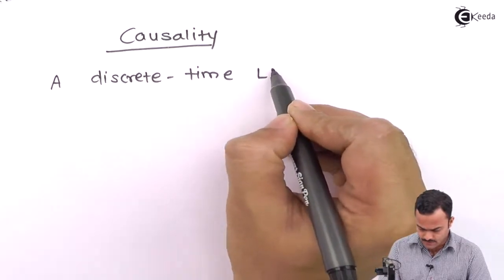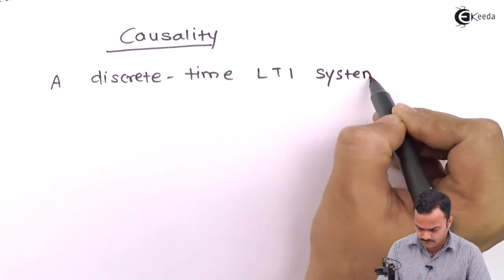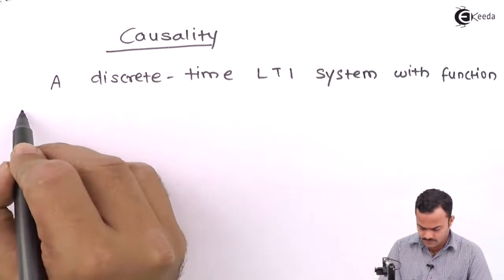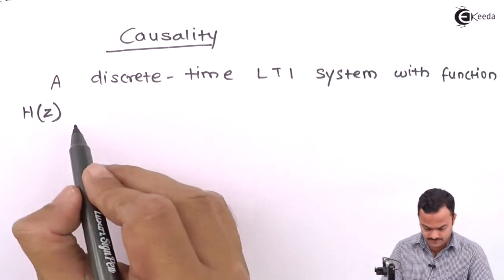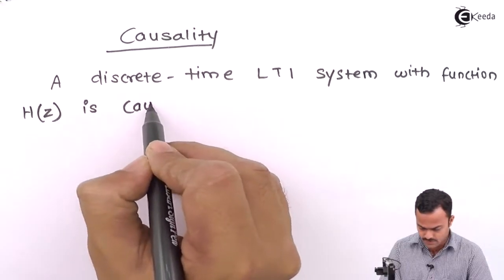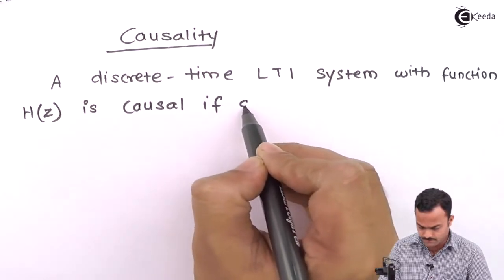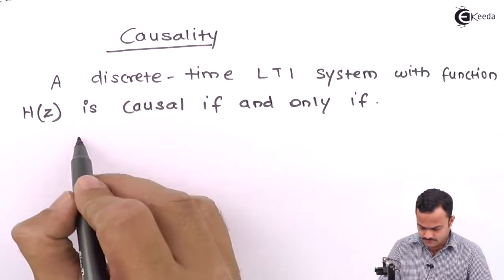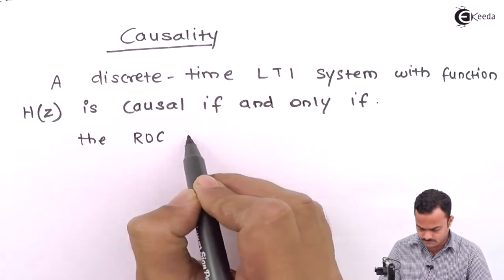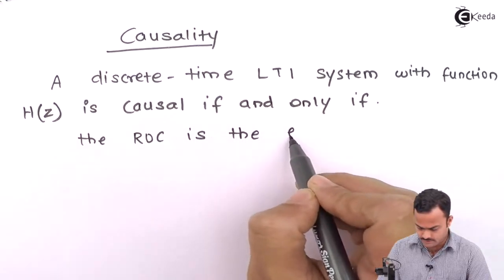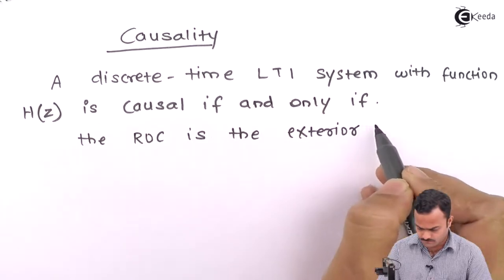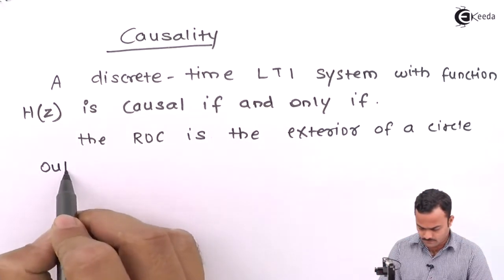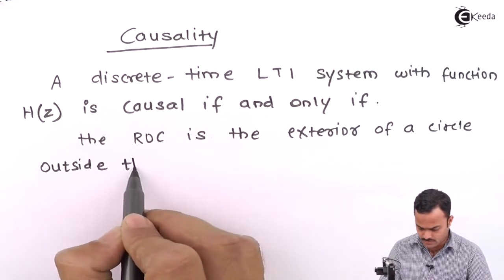A discrete time linear time invariant system with function h of z as an impulse response is causal if and only if the ROC is the exterior of a circle outside the outermost pole.